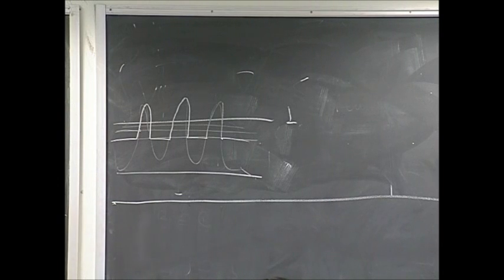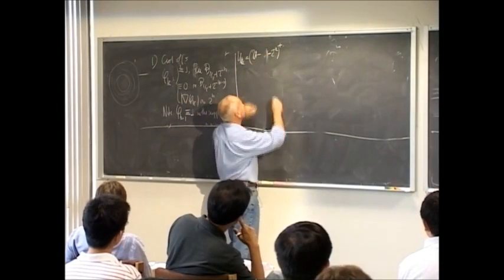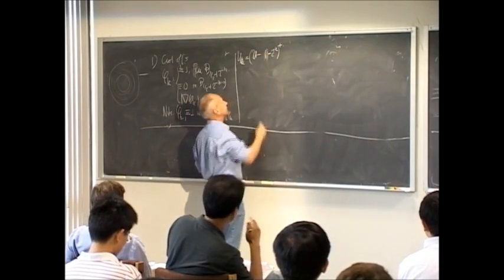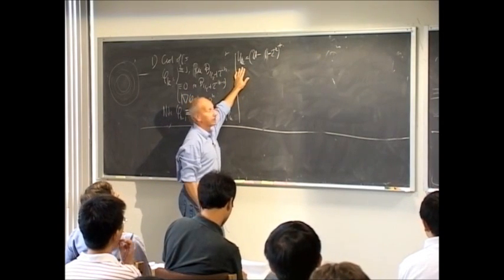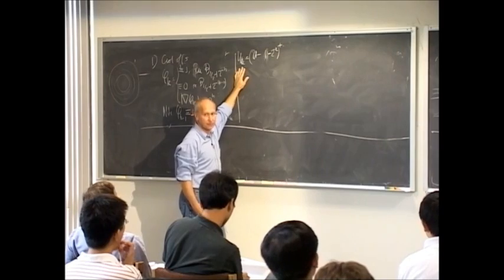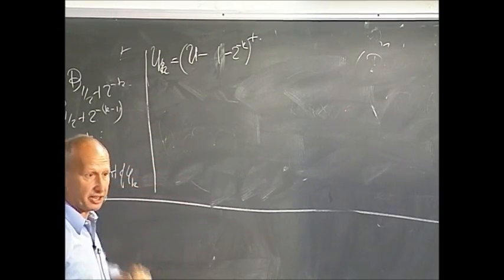And the idea is to show that by the time I get to the ball of radius 1/2, uk has disappeared. I'm sorry, not 1 here. By the time I get to the ball of radius 1/2, uk has become identically 0. Okay, in other words, the part above 1 has disappeared.